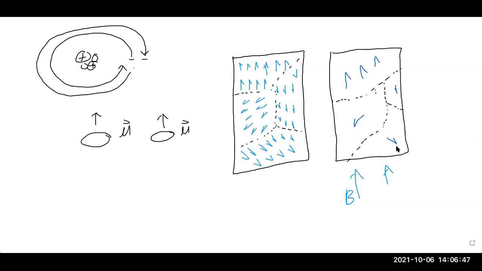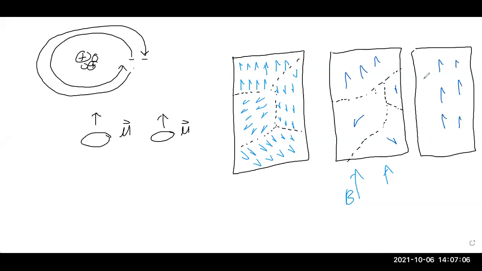If you apply something strong enough, you might just get all of it going the same way, if you really apply a strong magnetic field.